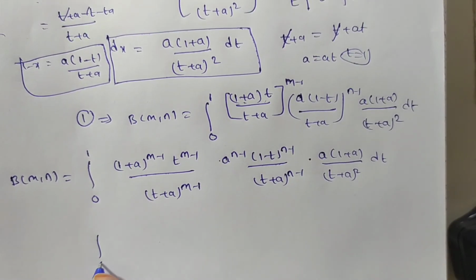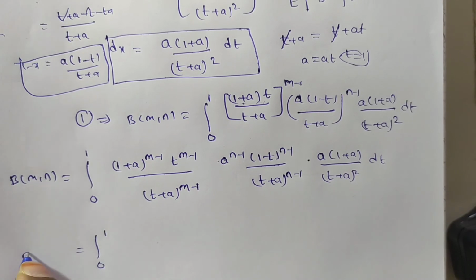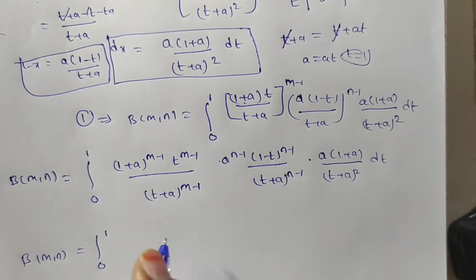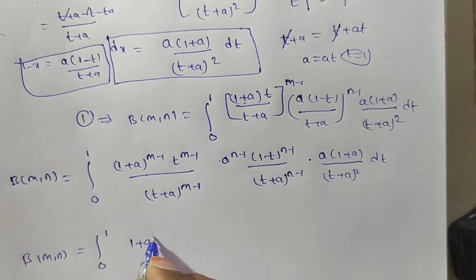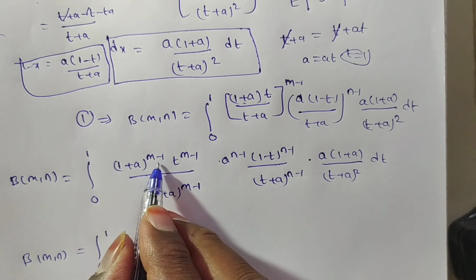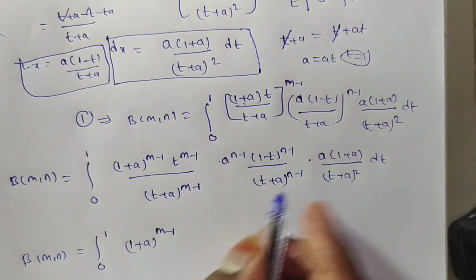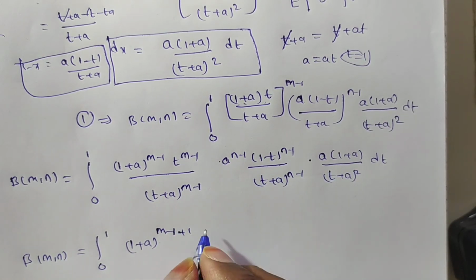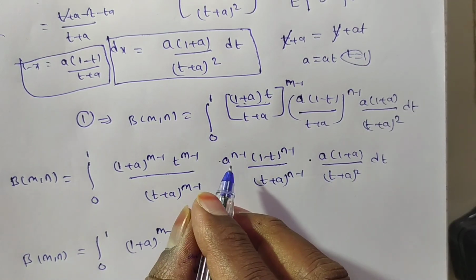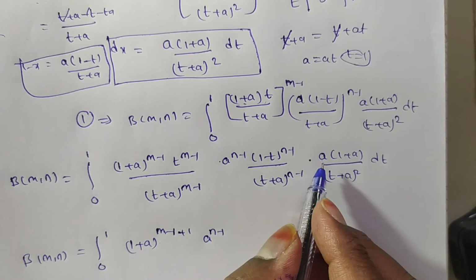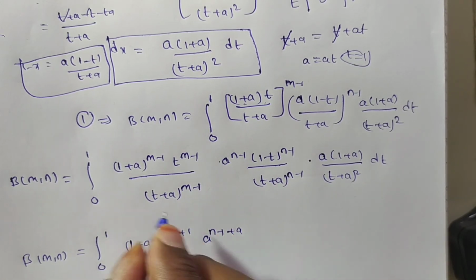So the limits from integral 0 to 1, this is beta of m comma n is equal to, (1 plus a) terms, how many are there? Check it here. (1 plus a) power m minus 1. Here it is there. Yes, you have one more also. So plus 1. Next, a powers, what you have? You see, a powers in the numerator, n minus 1 plus 1. Is there in the denominator?